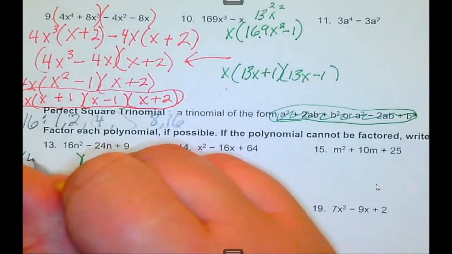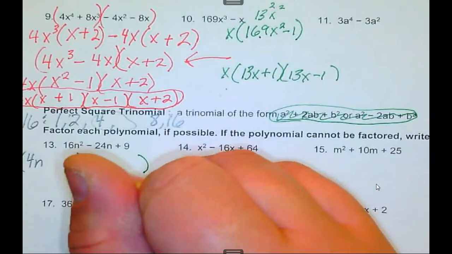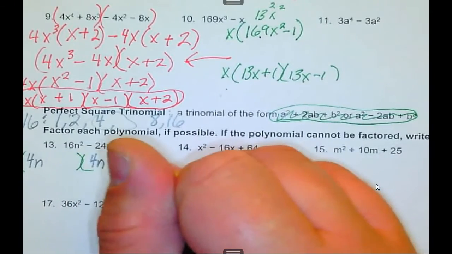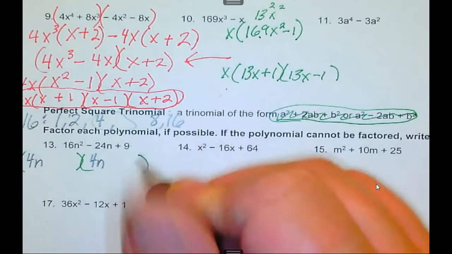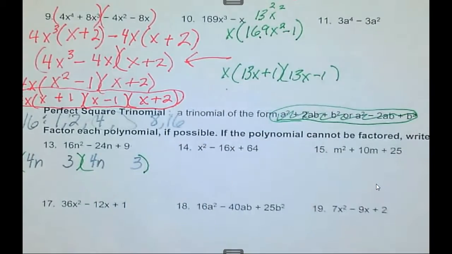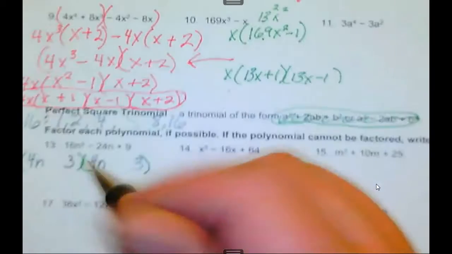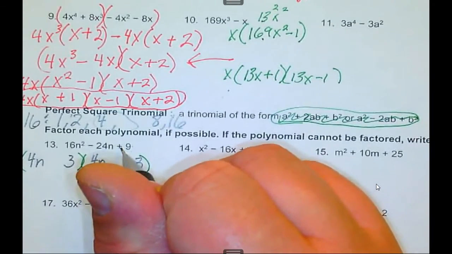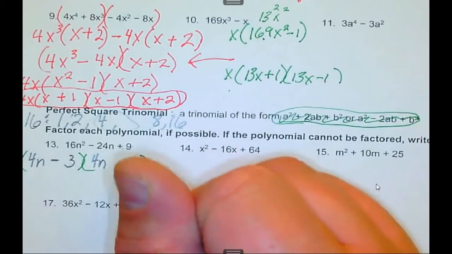So I'm going to start with 4n and 4n. The same thing with 9. I'm going to start with 3 and 3. Because the way that these problems are set up, they usually are set up with those middle factors. And let's see, that's a positive, add up to a negative, so they have to be negative.